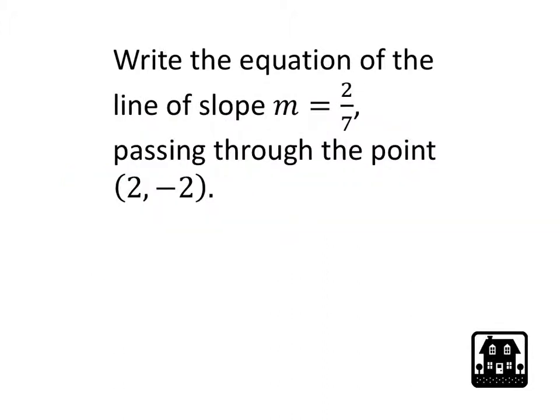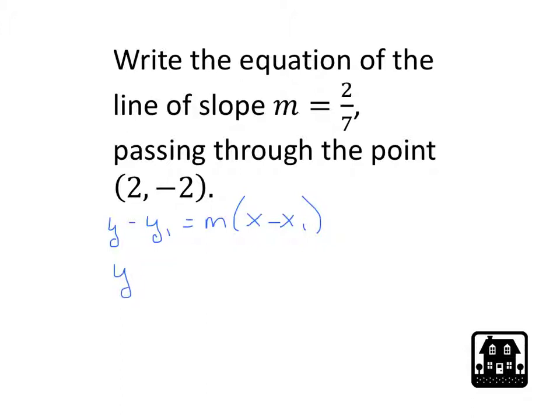In this problem, we're given a slope and we're given a point, and we're asked to find a line. And the way we do that is we use the formula for the line, that is the point-slope formula. We use the point-slope formula, which is y minus y1 equals m times x minus x1.